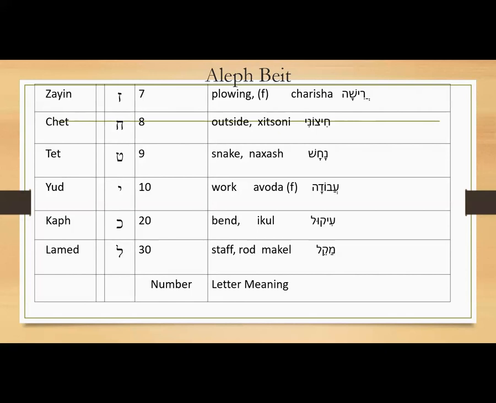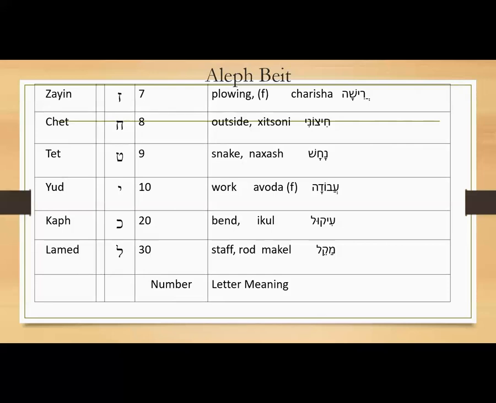Lamed. Lamed is the tallest letter in the Hebrew alphabet. Its value is 30. The L extends above the line at the top and then takes up the rest of the space between the two lines. We're going to use the word for lamed, which is staff or rod.